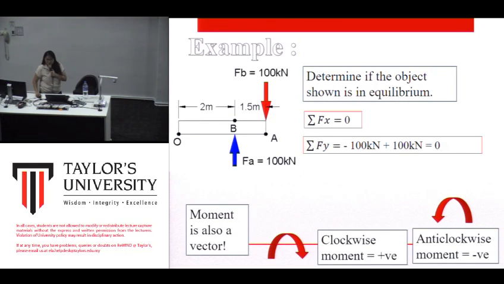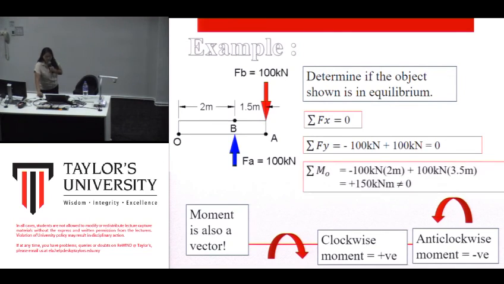Moment is a vector, so it has direction. In my class, what I usually do is I use clockwise moment as positive moment, and I use anti-clockwise moment as negative moment. Alright, so let's check the summation of moment at one particular point.